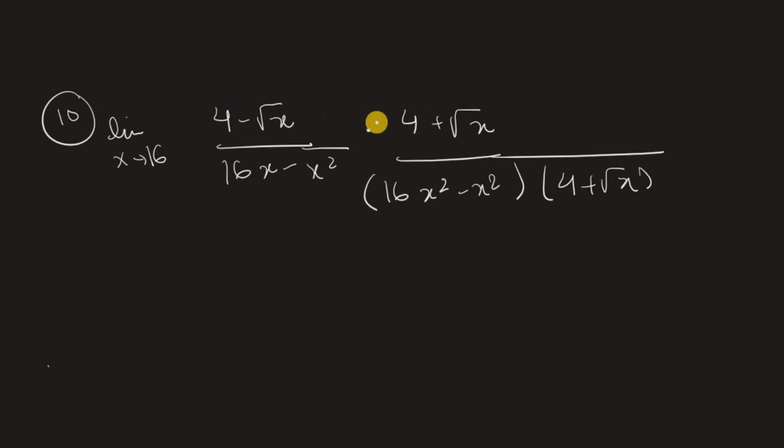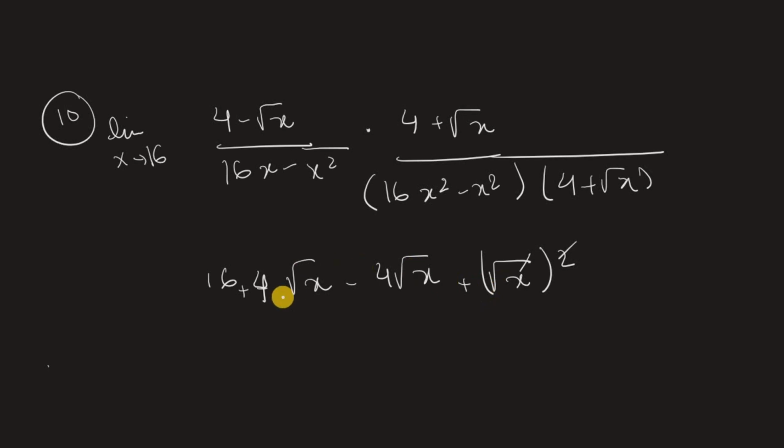Okay, so if we multiply this too, then we get 16 negative square root of x, and then we're multiplying this with this, and then we have to multiply this with this, so then we get 4, and then we get a negative 4 square root of x, and lastly we're going to get x, because you have a square root and a square, they're going to cancel each other out, and this 4 and negative 4 cancel each other, so then you're left with 16.